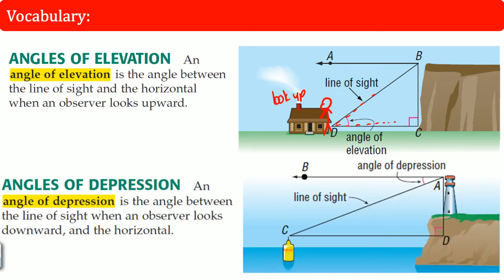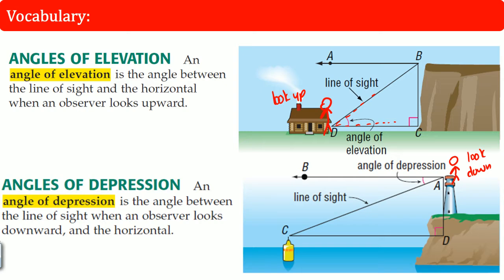The angle of depression is, let's say the person here is on top of the lighthouse tower and they look down, and this is the angle of depression. It is the angle between the line of sight and the horizontal when an observer looks downwards.